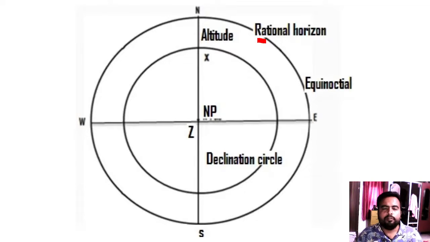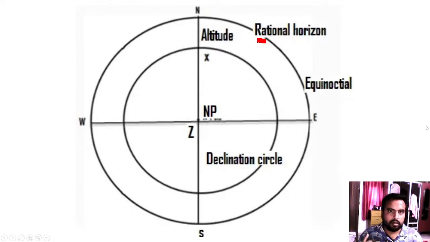Now we will see what the PZX triangle is. For that we need to know all the things about the celestial sphere. So what is the celestial sphere? The celestial sphere is just an imaginary sphere of our Earth, in which we have the North Pole, South Pole, and equator.